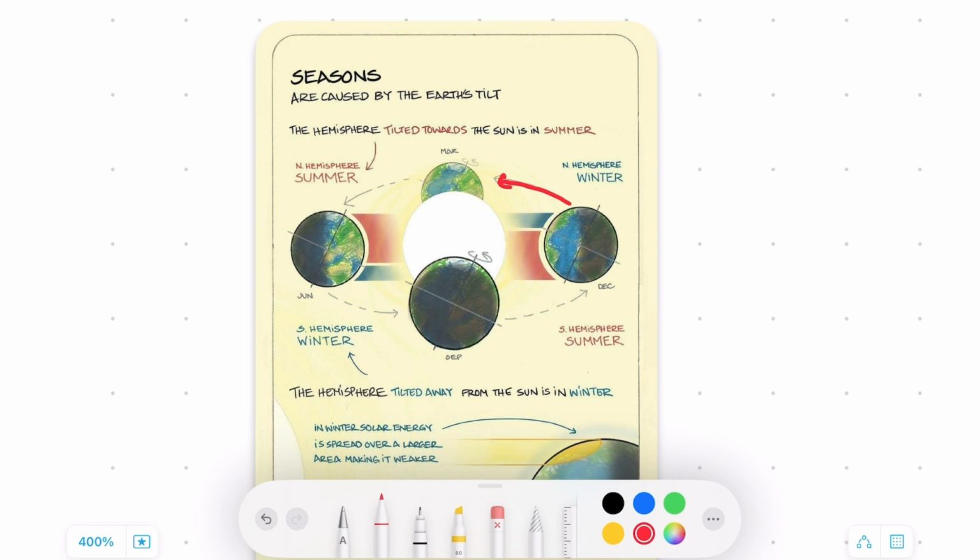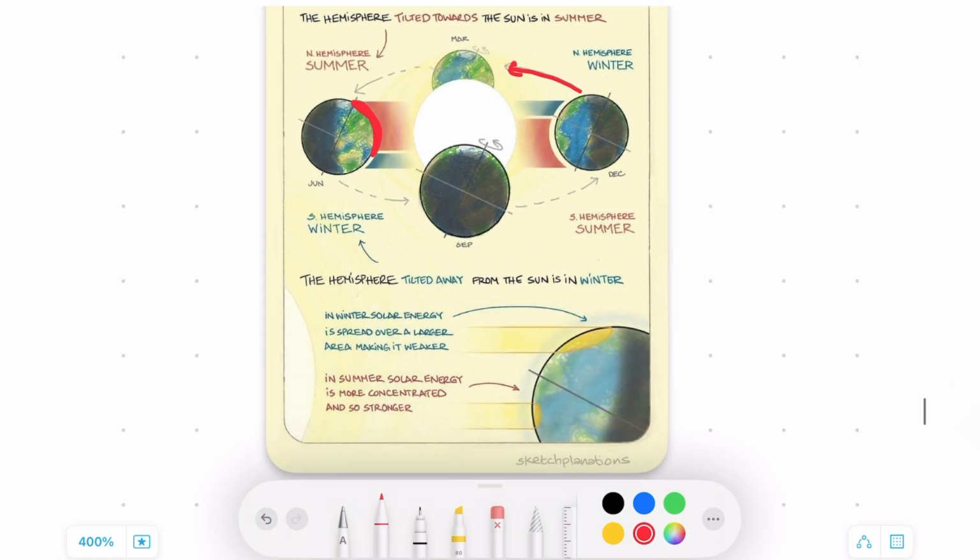Then there comes a time around June when the northern hemisphere is getting more sunlight from the sun, right? So this hemisphere is turned to the sun during the month of June or July. Then again the Earth continues its journey, and the whole face is getting heated up again.